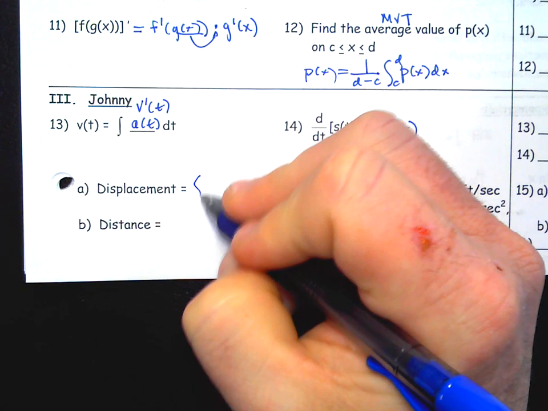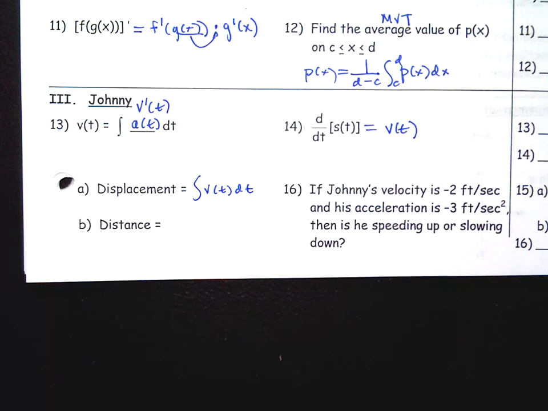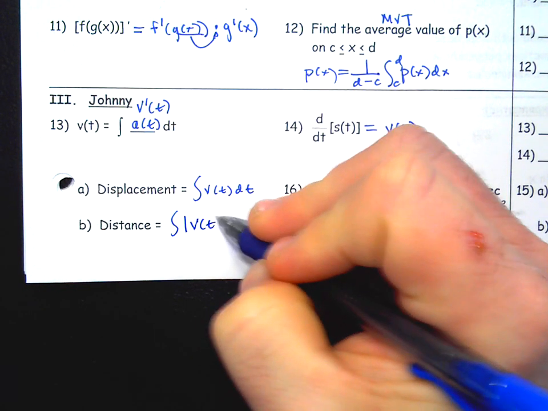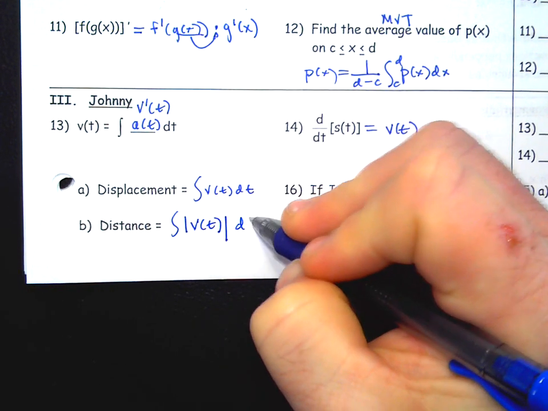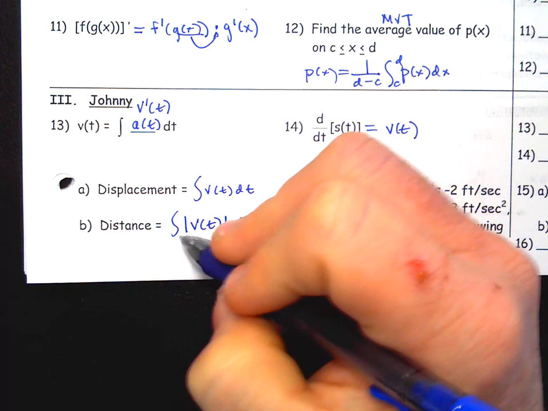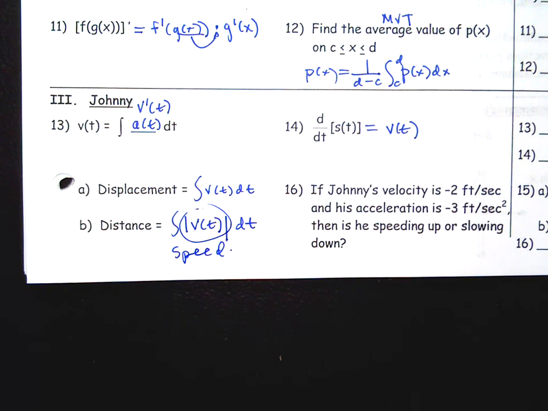Displacement is the integral of velocity, because that gives you just the overall change in position, x prime. Distance, we force all the negative changes to be positive and add them all up, so we get a total distance. So you need absolute value of velocity, or speed. This is what I want in your work.